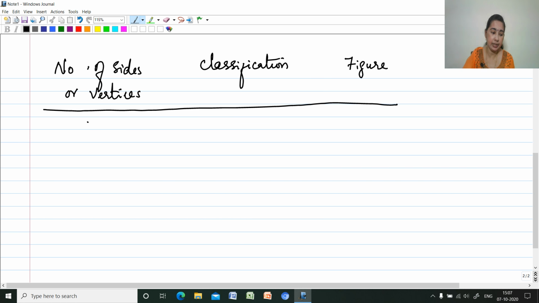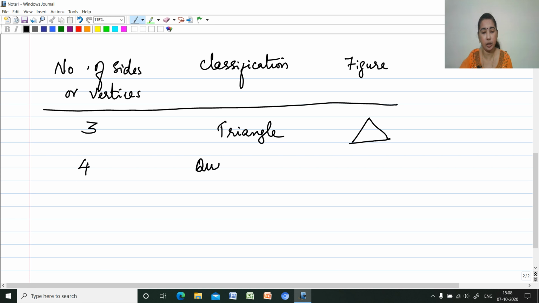If it is a three-sided figure, it is called a triangle, and the figure will be like this. If the number of sides is 4, then we call it a quadrilateral. The square, rhombus, trapezium and rectangle all come in quadrilateral itself, a four-sided figure.